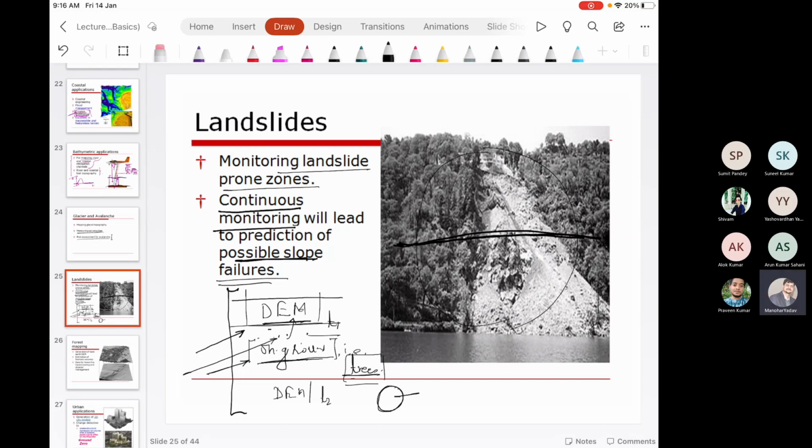The meaning of DEM is like this: in LiDAR point cloud data, you have information about the location where the point lies. Let's say we select a point P1 somewhere here.